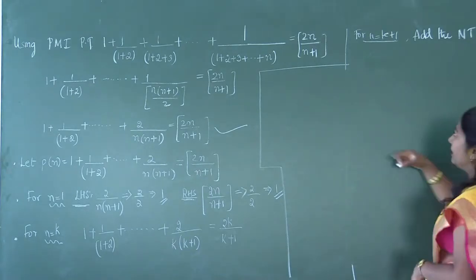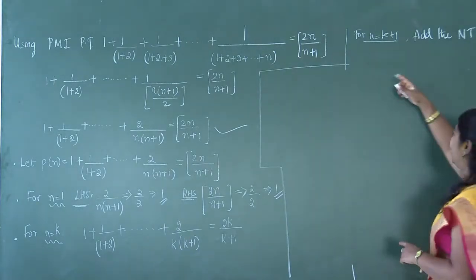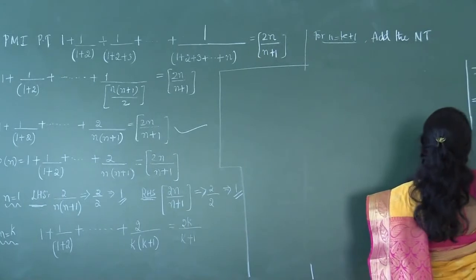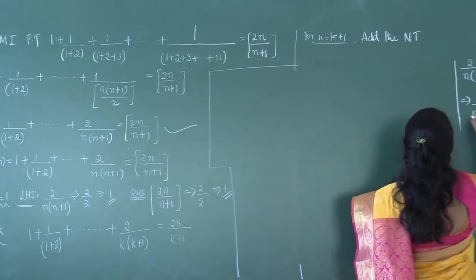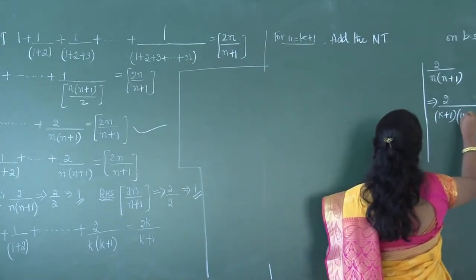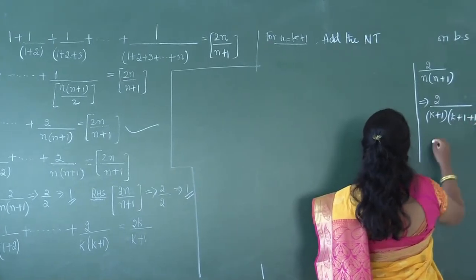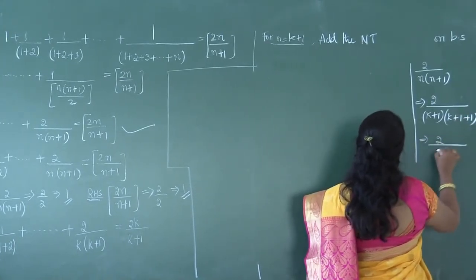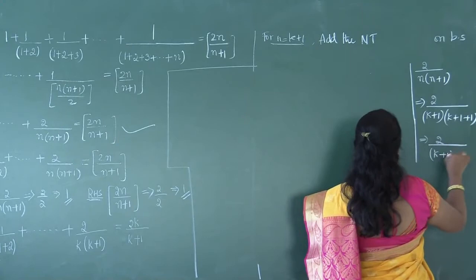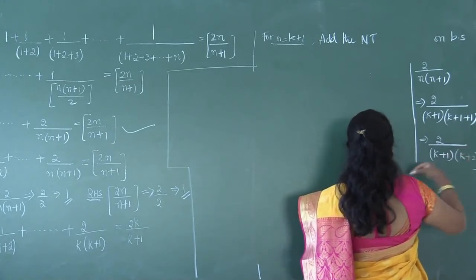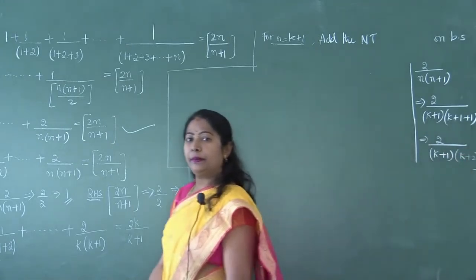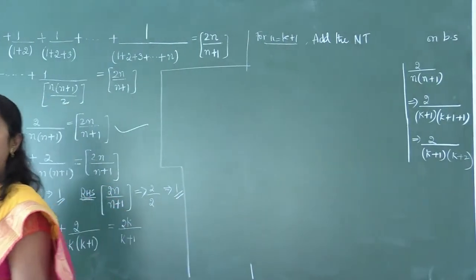Now, what is n equal to here? k plus 1. So, in place of n, what do I write? I write k plus 1 divided by k plus 1 plus 1, and this will sum up to k plus 1 into k plus 2.